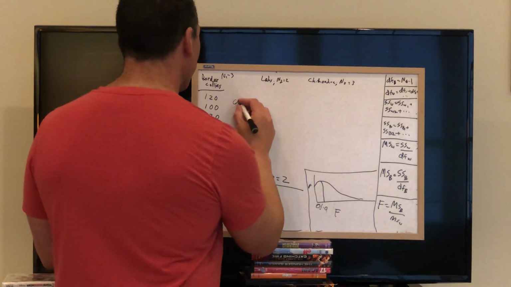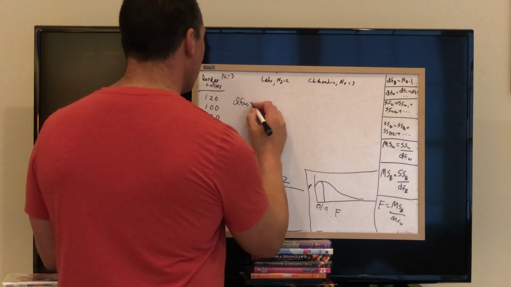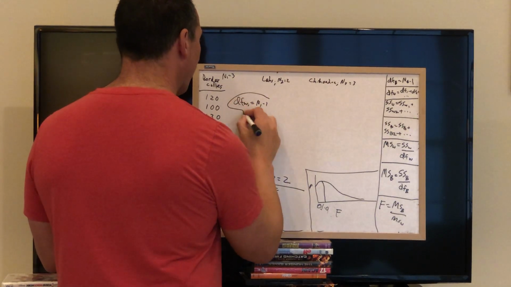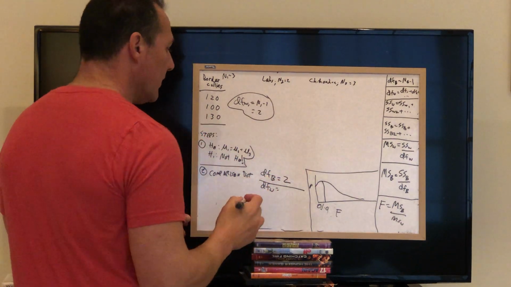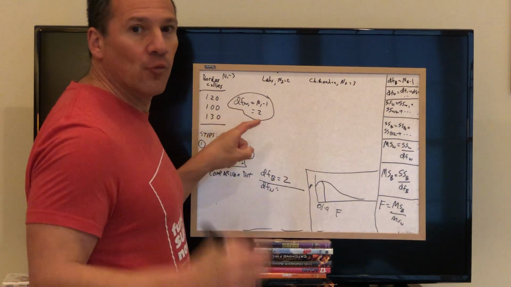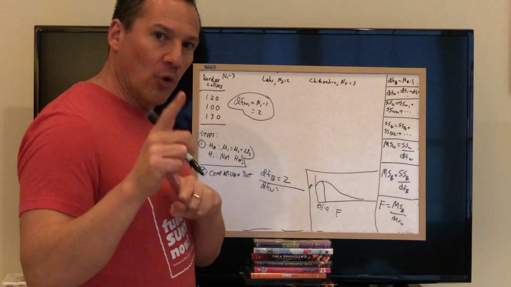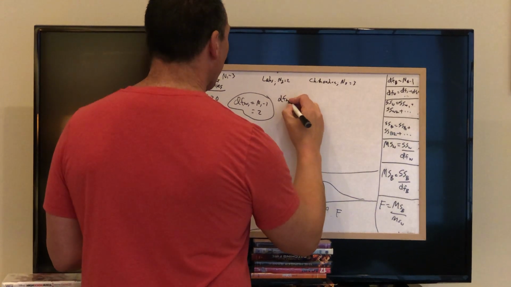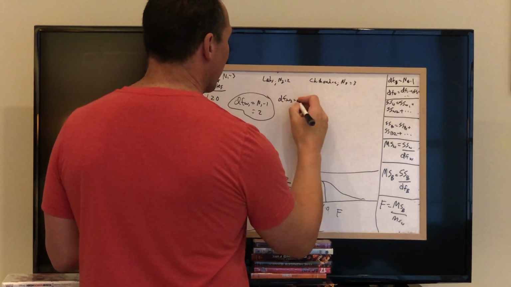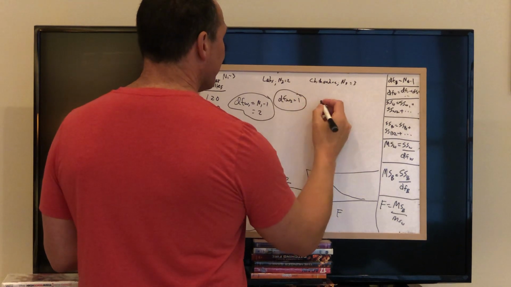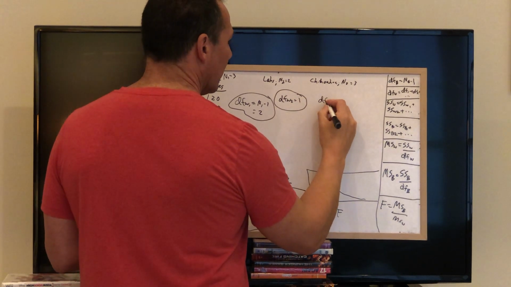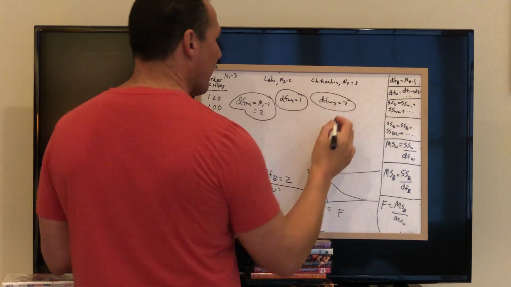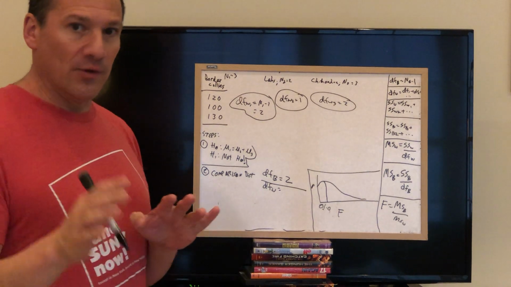Now, degrees of freedom within 1 equals n1 minus 1 equals 3 minus 1 equals 2. So degrees of freedom within for sample 1 is 2. Degrees of freedom within 2 equals 2 minus 1, which is 1. And degrees of freedom within 3 equals 3 minus 1, which is 2. Simple math.